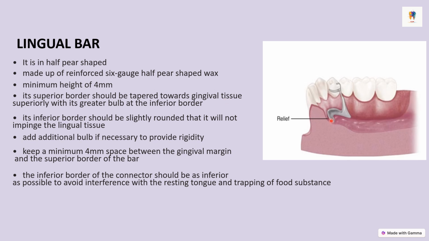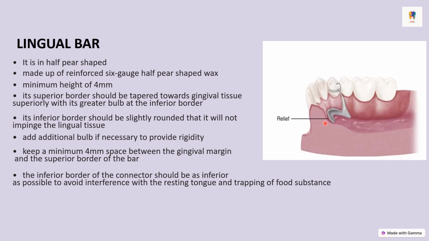If you cross section this lingual bar, the shape you will see in that cross section is half pear shaped. It is made up of reinforced 6 gauge half pear shaped wax. It's a kind of wax, and it is reinforced 6 gauge. So your lingual bar is made up of this kind of wax.